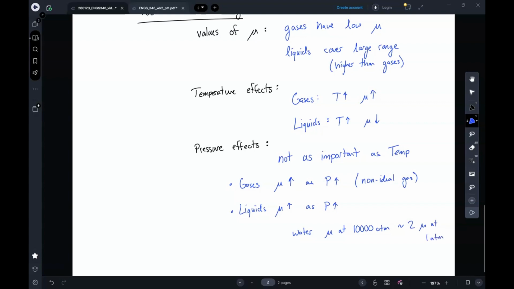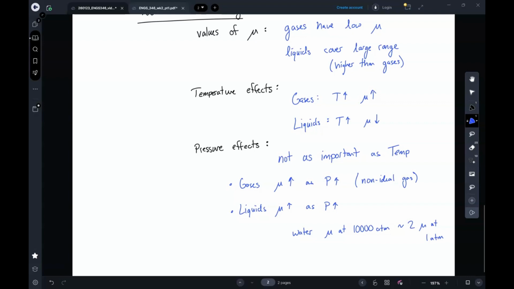So to get a factor of 2 difference, we need to go to a factor of 10,000 difference in pressure. So not a huge effect. There are definitely substances where you can get a larger effect, but typically it's fairly small compared to things like temperature and other processes like that.